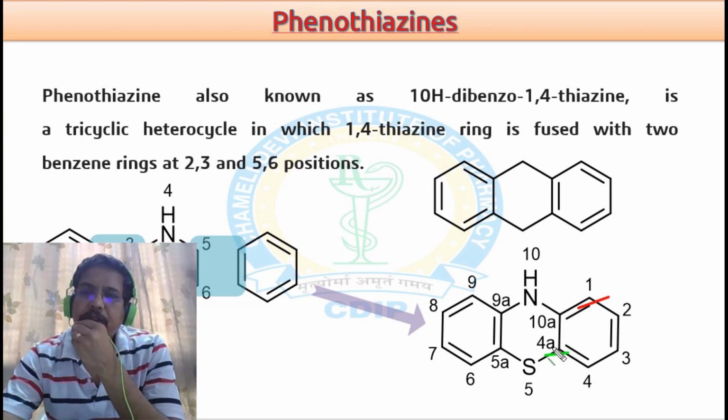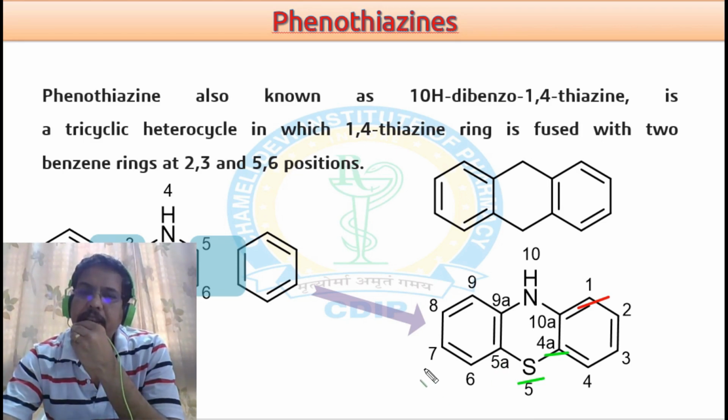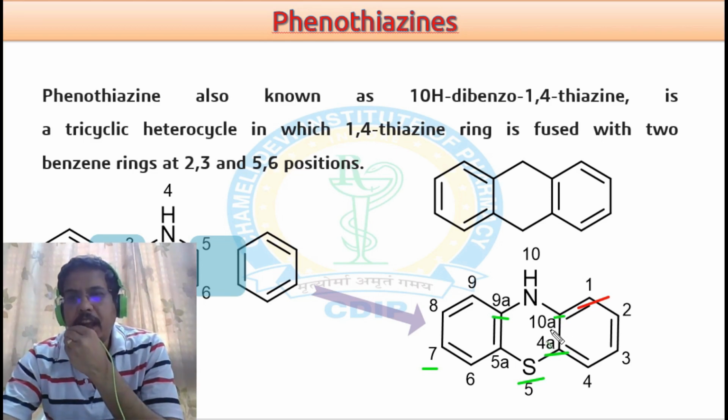So this fused portion has the number 4A, then subsequently comes the next atom, that is sulfur, which is annotated by number 5, then the fusion area 5A, then 6, then 7, 8, 9, again the fusion area 9A, then another heteroatom, that is nitrogen, acquired number 10, while the fusion portion takes position as 10A.